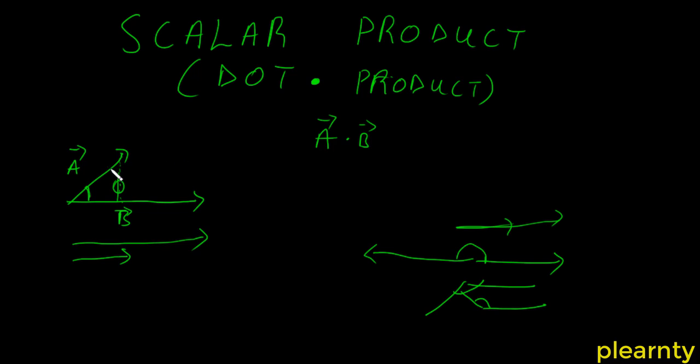A axis is anything from here like that. So what would be B on A axis? From A, just make 90 degrees. So on A axis, this is the magnitude of B. So this is the A component of B.